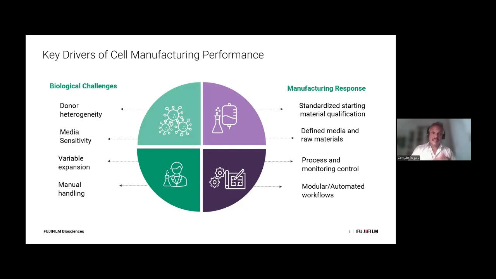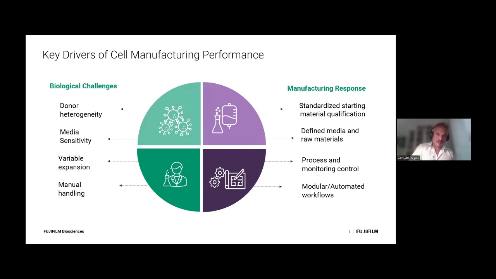And this is when we look then at the biological challenges that are quite unique to these cell manufacturing processes, and try then to embed quality in the manufacturing setting, in the architecture, right?